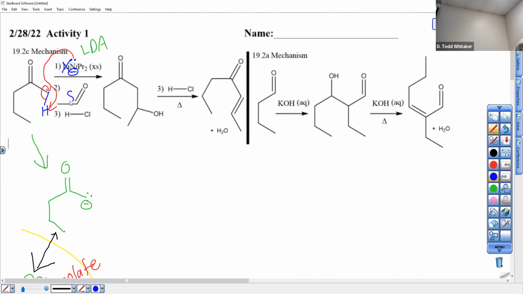And much like we saw all the way through chapter 18, they're attracted to the positive carbonyl. Oh, I don't want to run over HCl yet. I might want to come at HCl without redrawing it. And this is the end of step 2. Wow, I told you this one really breaks it down for you.